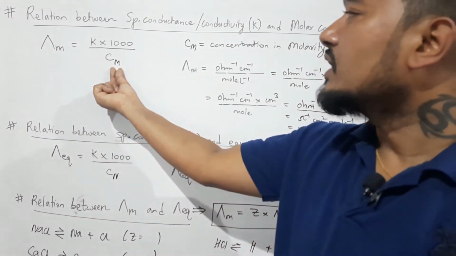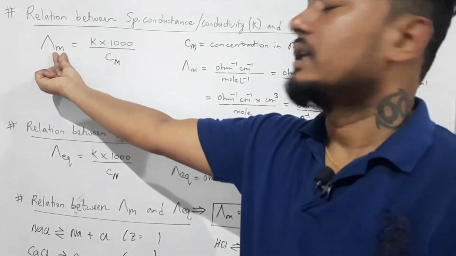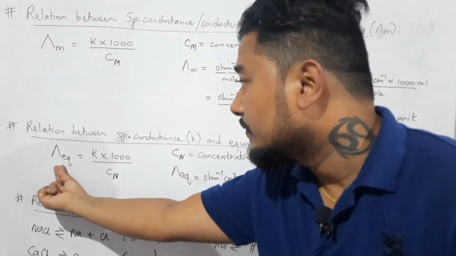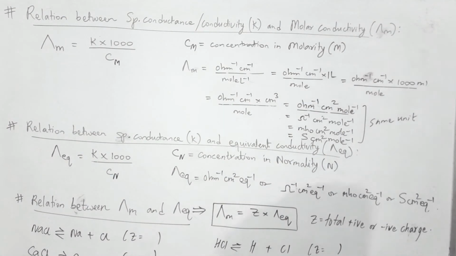Molarity is linked with molecular weight, and normality is related with equivalent weight. So when I say normality, you have to think about equivalent weight; when I say molarity, think about molecular weight. The relation is quite similar, students. Hope you all understood. If you want, you can take a screenshot of this and copy it afterwards. Remember the relation and the units for both.